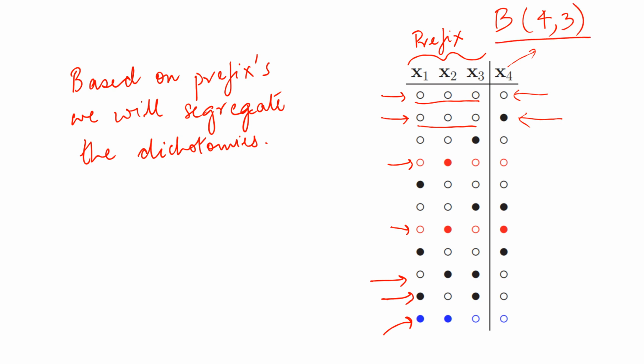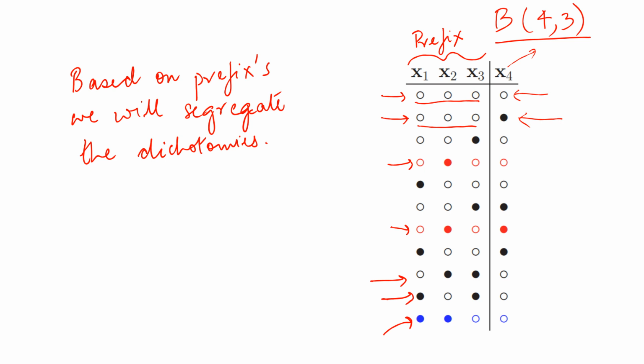It was B(4,3), right? So no 3 points were shattered, and so this will have an opposite suffix, which is x4 in this case, right? So we will have these positives and negatives with a given prefix that's the same, right? So what we're going to do is, based on how these prefixes and suffixes appear in this entire list of dichotomies, we're going to segregate them.